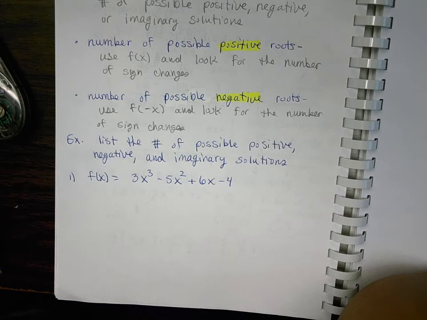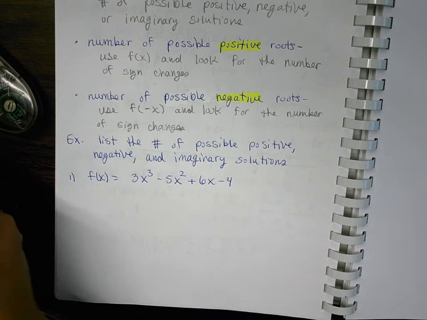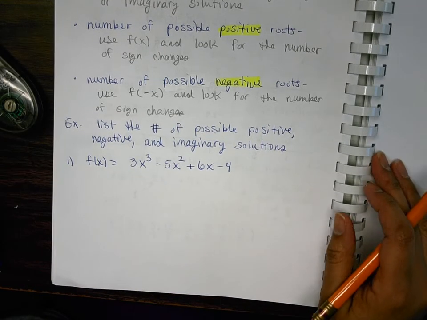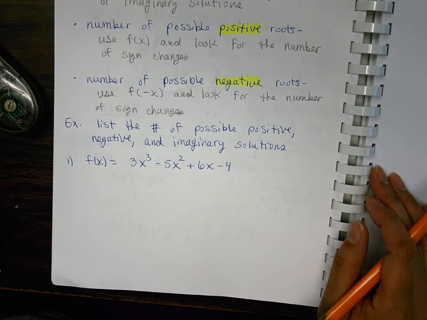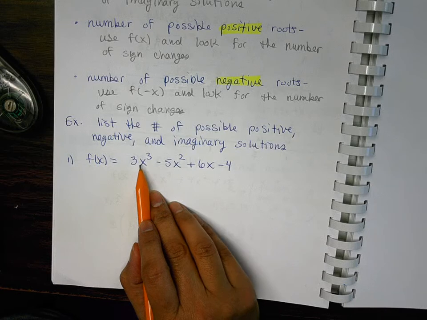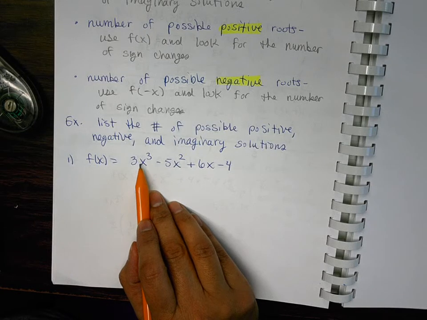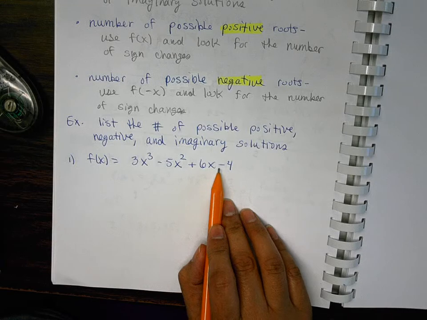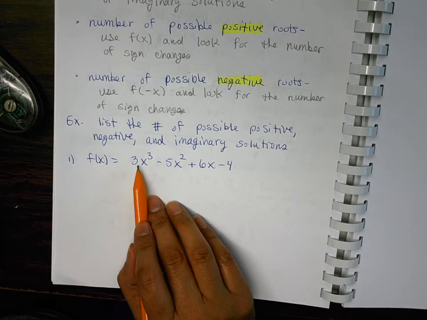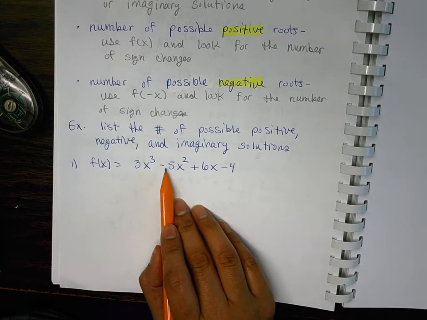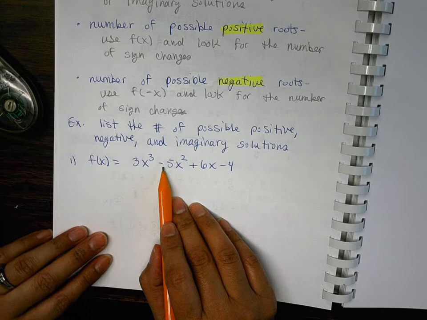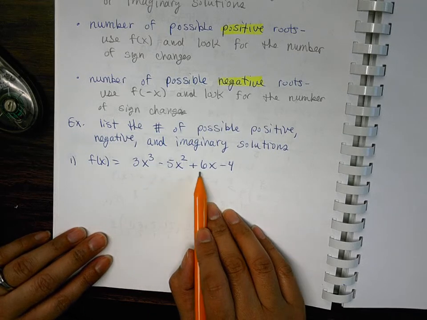First off, what's the degree? 3, which means how many possible solutions? 3. No more, no less.